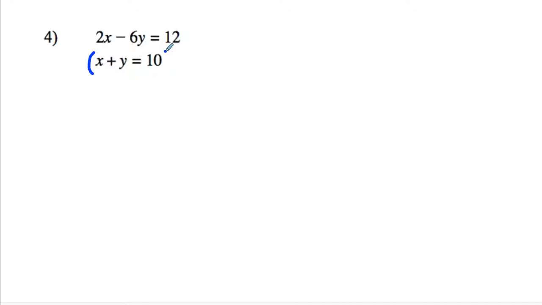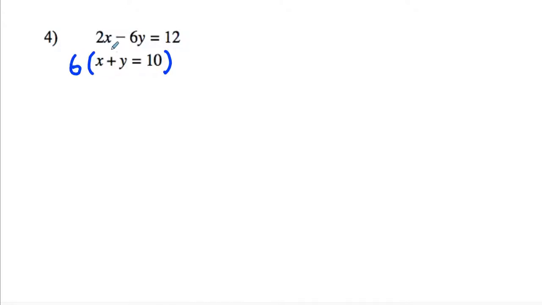What I'm going to do is take this equation and multiply every term by something. And I'm going to do it in a way that allows me to cancel either the y's or the x's. In this case, I'll show you. I'm going to multiply everything in here by 6. Why am I doing that?